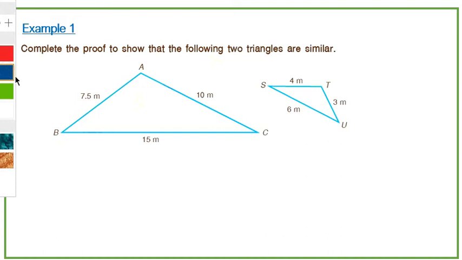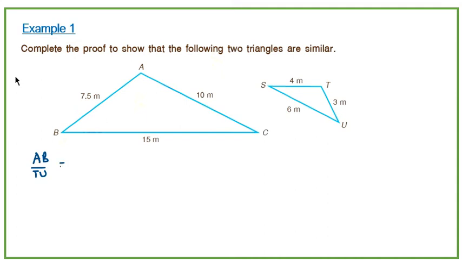The corresponding sides are AB corresponds with TU, and then that will be 7.5 out of 3, and 7.5 out of 3 we get 2.5.